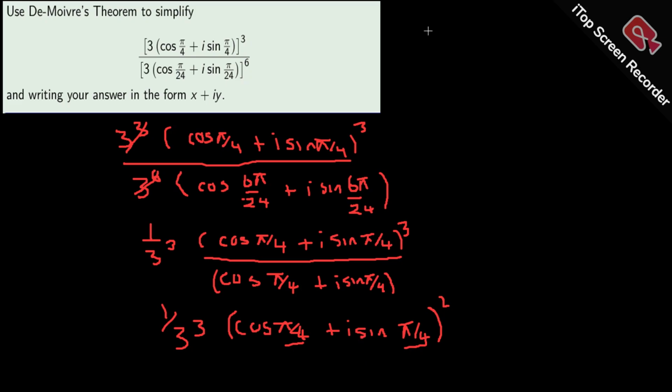Okay, so let's do so. We know that 3 raised to the power 3, that is 27. And cos pi over 4 times 2, that is going to give us pi over 2. So even this side is just going to be the same. We're going to have pi over 2.